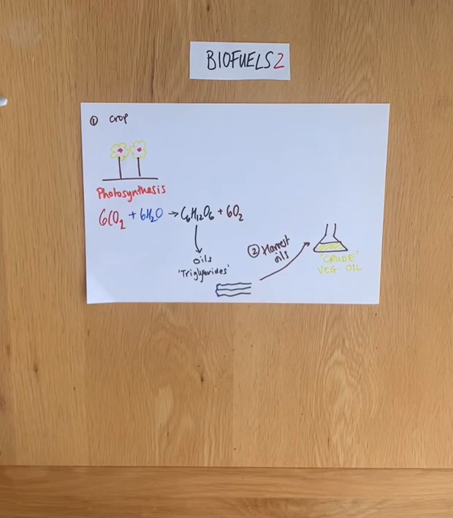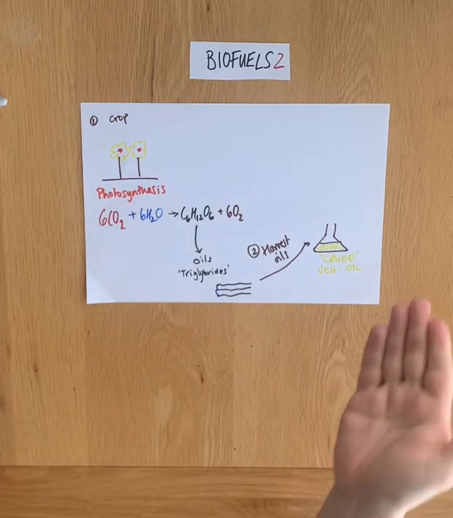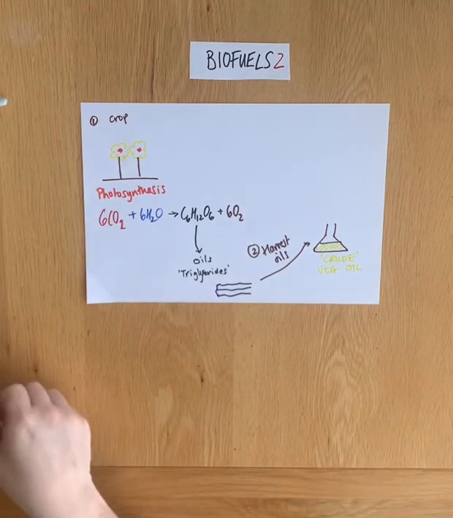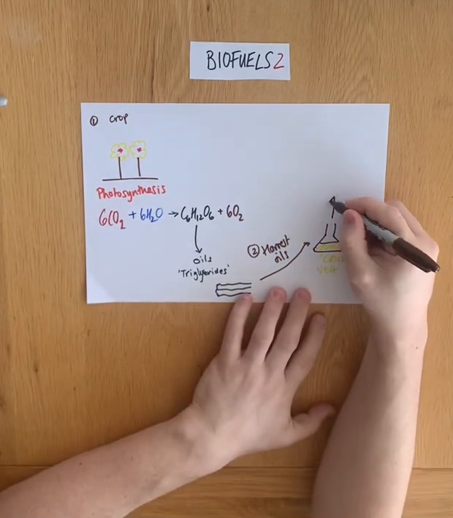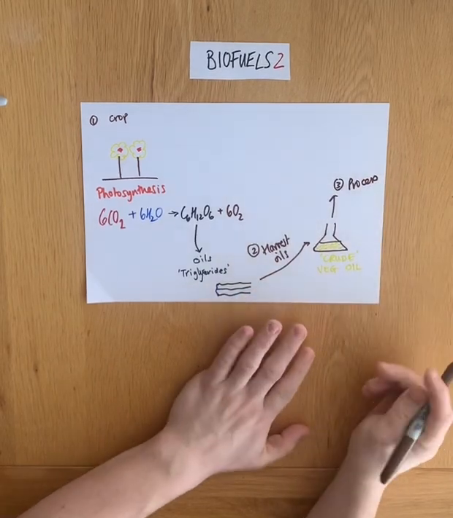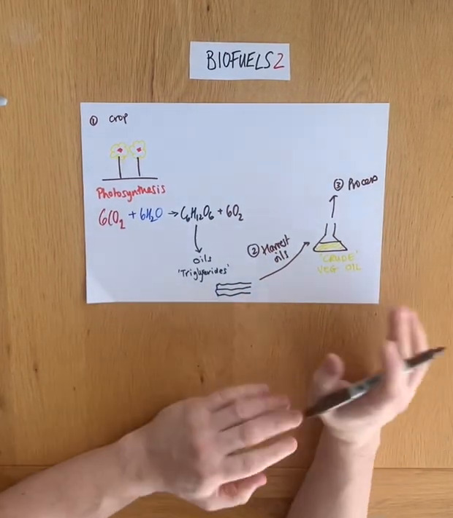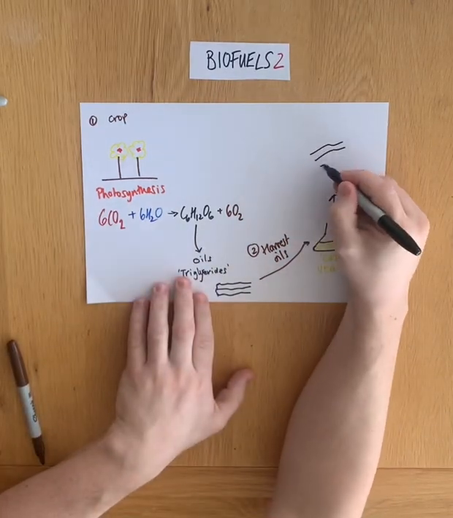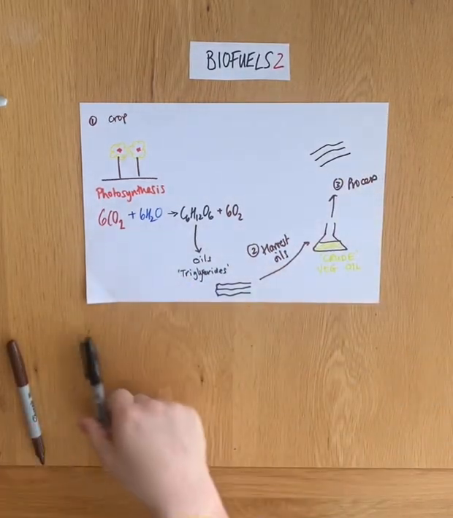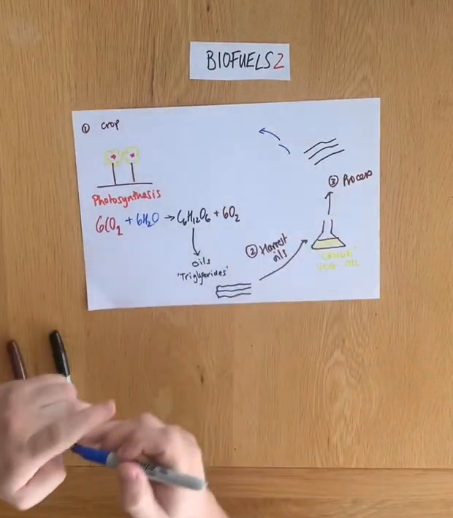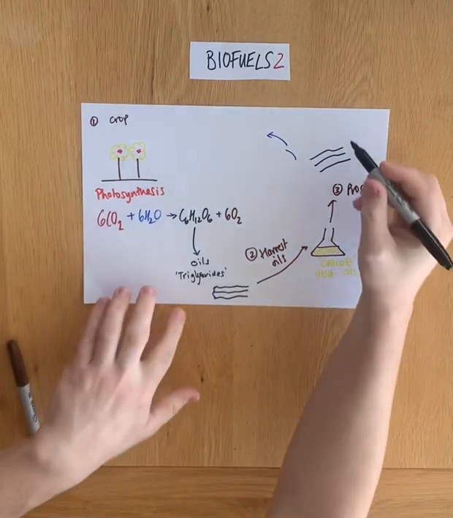It's our crude vegetable oil, so it's our crude sunflower oil or olive oil or whatever. We then go and process that in a process called transesterification, where basically we end up separating these 3 little fatty acid chains from the glycerol. The glycerol can go off and be used somewhere else, but we have basically separated the fatty acids.